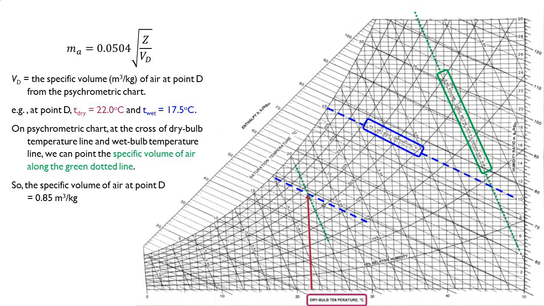Mark the point crossing the dry bulb temperature line. The specific volume lines of air are inclined lines like the green dotted lines. Then you can read the specific volume of air at the cross of dry bulb and wet bulb temperature. In this case, the specific volume of air is 0.85 cubic meters per kilogram.